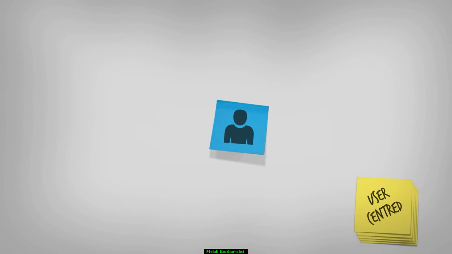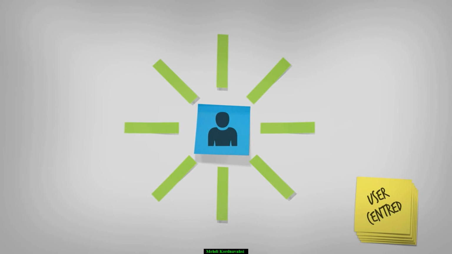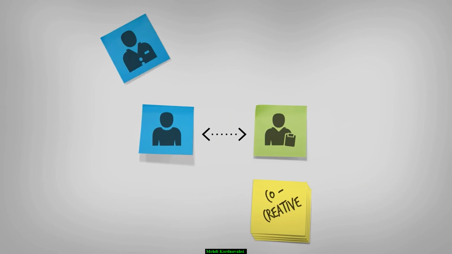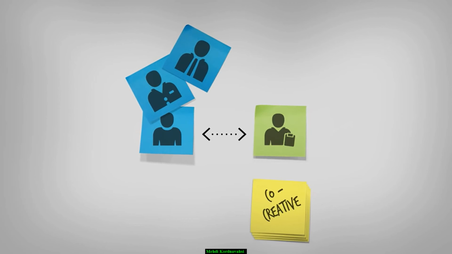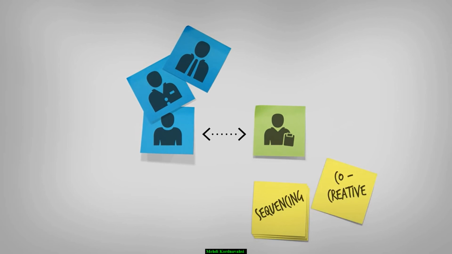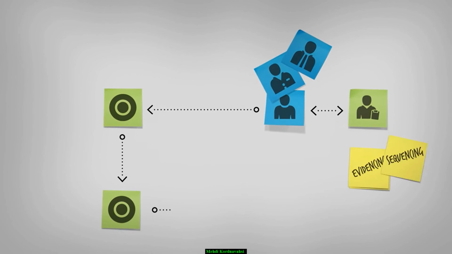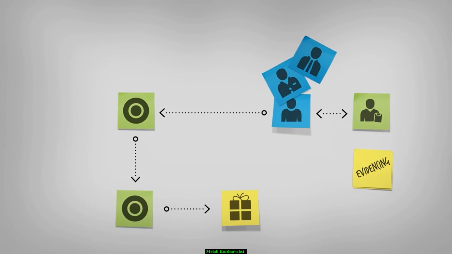First of all, service design should be user-centered, so services are experienced through the customer's eyes. It should also be co-creative to ensure that all stakeholders are included in the process. Sequencing visualizes services as interrelated actions, and evidencing makes them tangible.